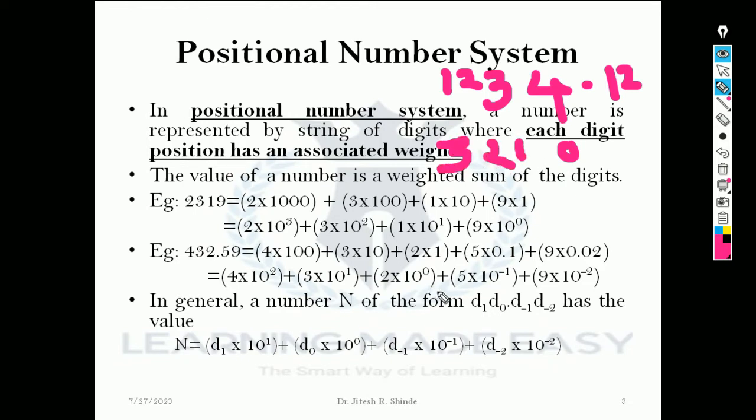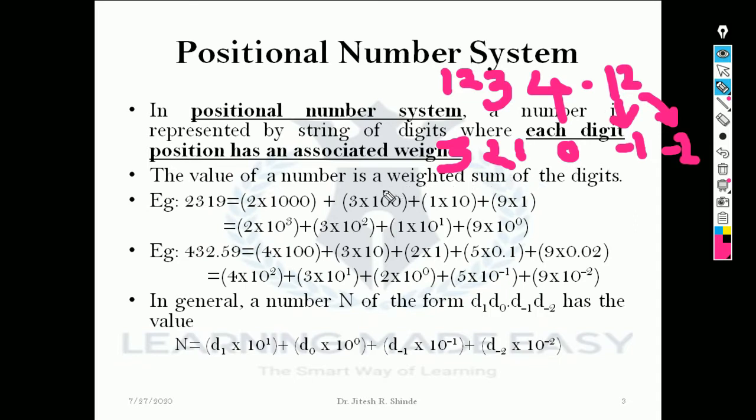Accordingly, this number we can write as 1 into 10 to the power 3 plus 2 into 10 to the power 2 plus 3 into 10 to the power 1 plus 4 into 10 to the power 0. After the decimal point, the first digit has a position of minus 1, the next has a position of minus 2, and if another digit comes, it will have a position of minus 3, minus 4, and so on. Moving from the decimal point towards the left side, the position numbers are 0, 1, 2, 3, 4, 5, 6.